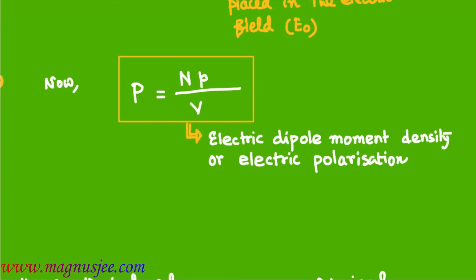It is also called electric polarization of the dielectric material. Electric dipole moment density, or induced electric dipole moment per unit volume, is also known as electric polarization of the dielectric material.